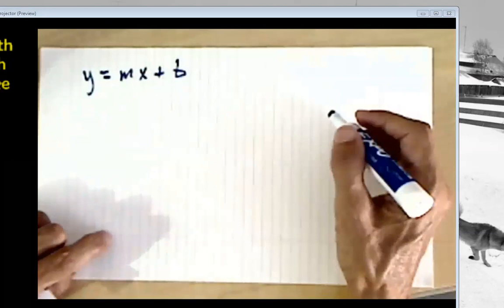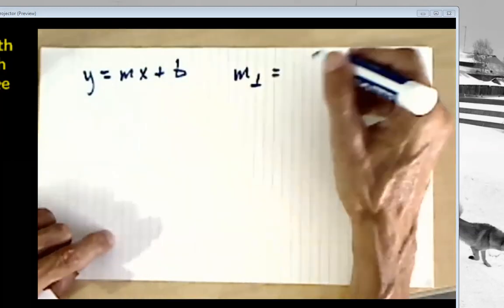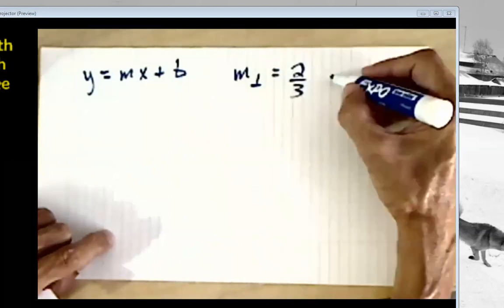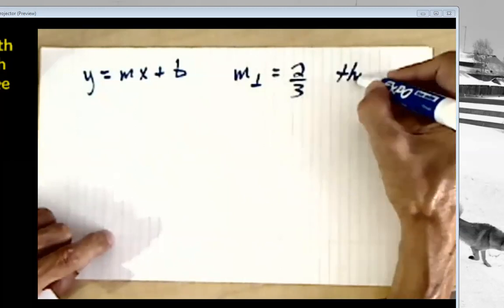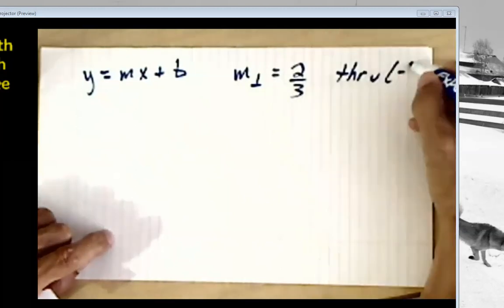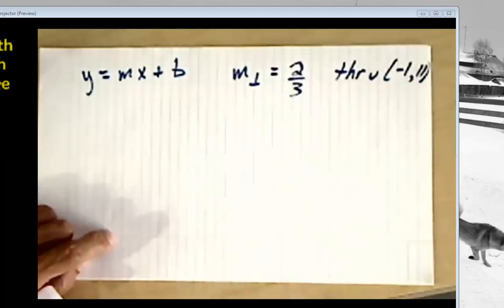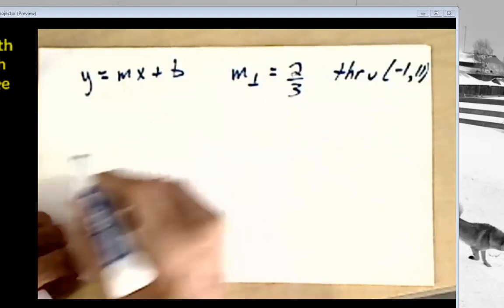What is this? Well, remember the info we got. The perpendicular slope is 2/3. And then the point that it was going through is -1 and 11. Okay, so with the slope, it's nice.